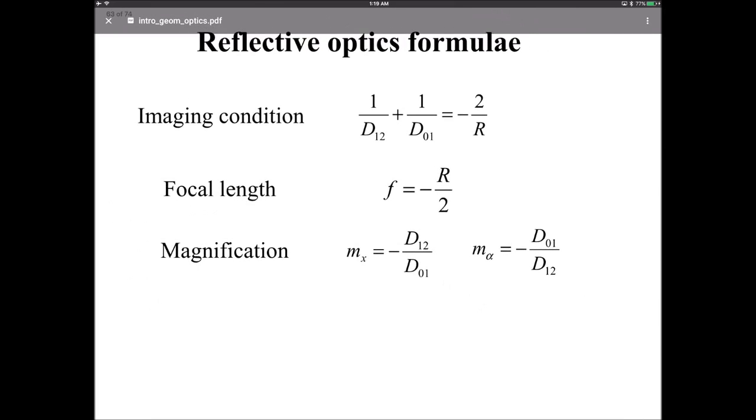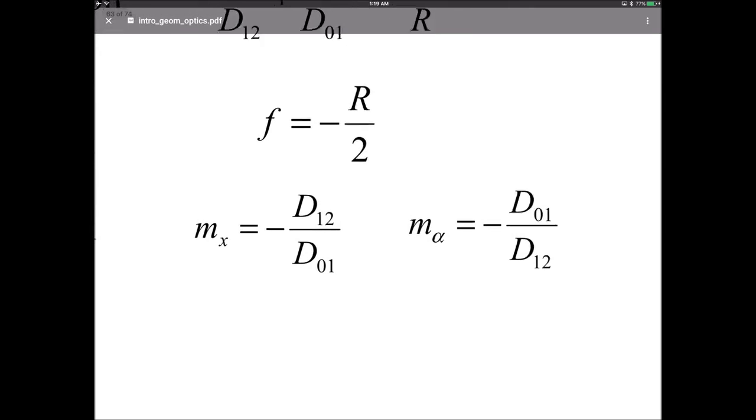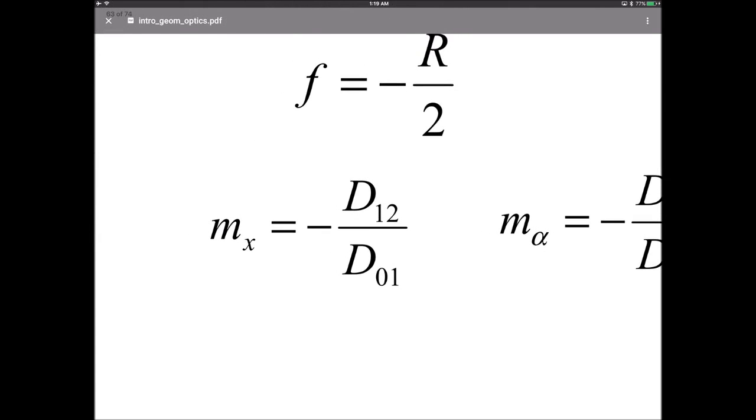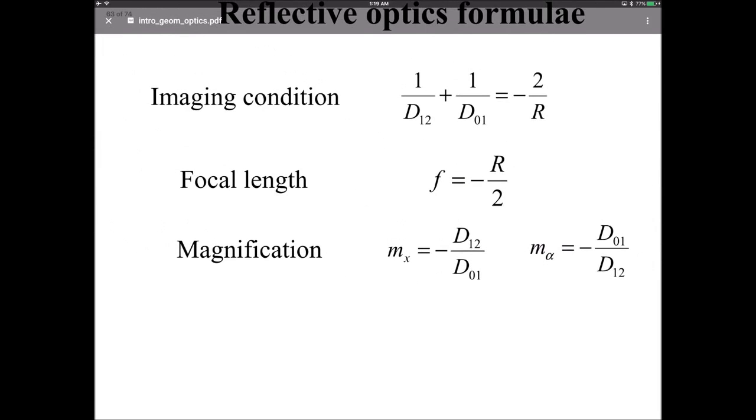Okay. Similarly, you would have angular and lateral magnifications, which are given by the height of the image over the height of the object, and the ratio of the image and object locations. So you can have magnification and demagnification in the case of mirrors other than plane mirrors.